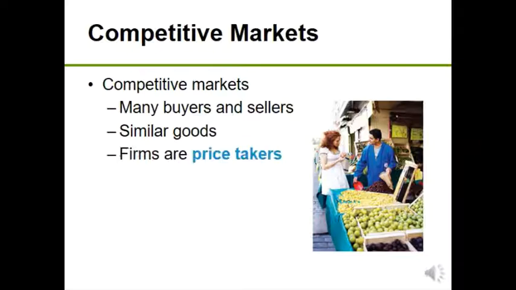In other words, the firms that exist in these markets are price takers. And a price taker is a firm that takes or understands the market price as given. In other words, the price in this market is not determined by this individual firm, but by the overall supply and demand conditions in this market, which is why it's so important that we characterize what the supply curve looks like in these perfectly competitive markets.